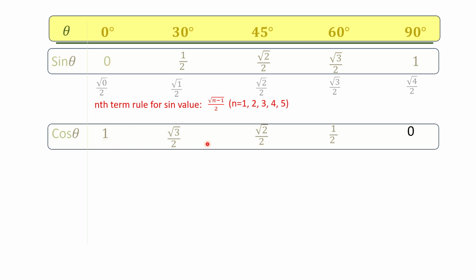You see the values are all the same, but just in the inverse order. So if you have remembered the sine values, then you write them in inverse order, then you will get cosine. If you think, no, I don't want to write so many, it's so much work, then you can remember this relationship.